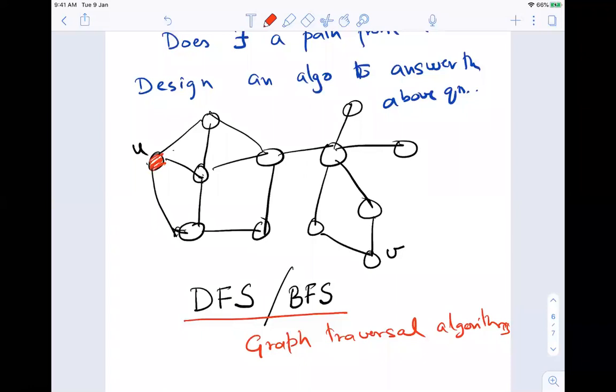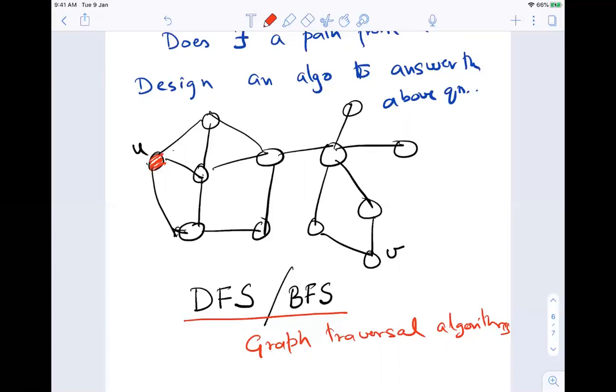For example, when you search in Google for a particular name, say you search for algorithms, it will output all possible web pages that have the word algorithm written on them.